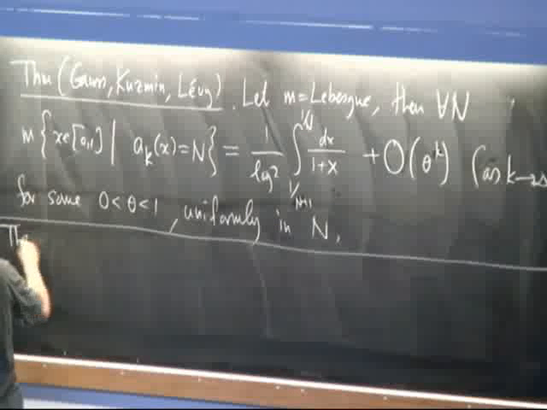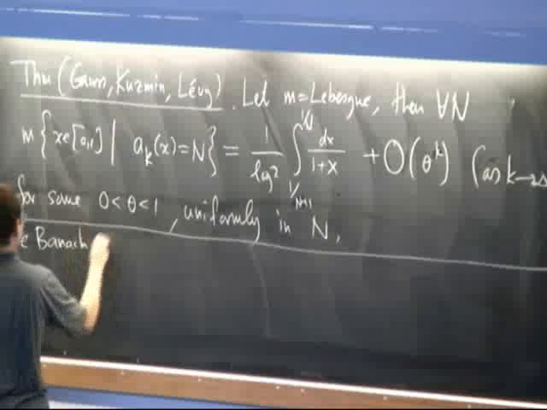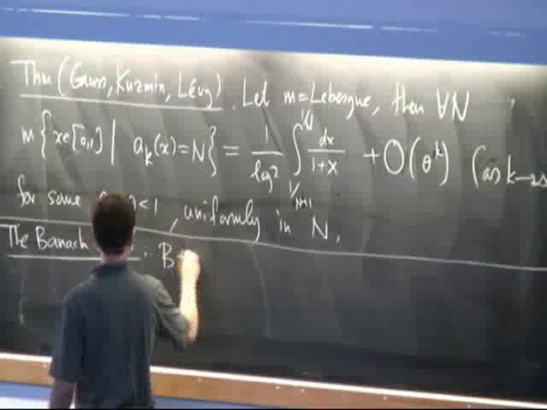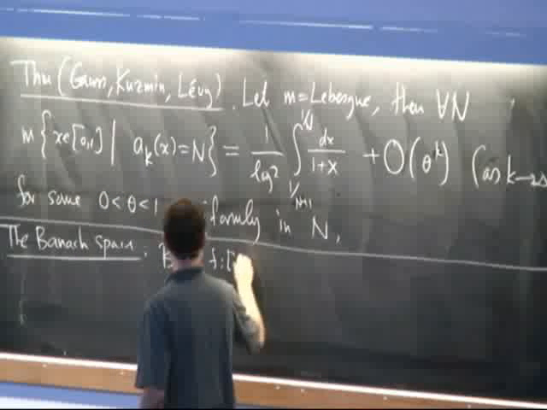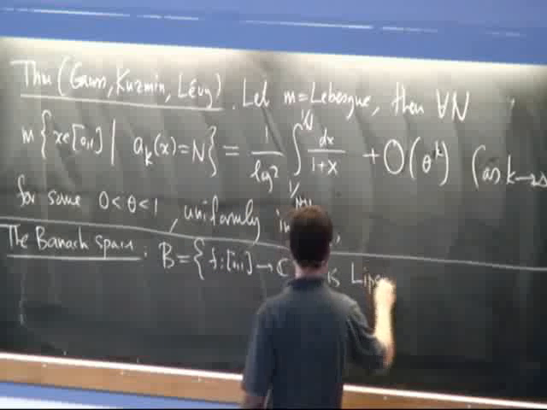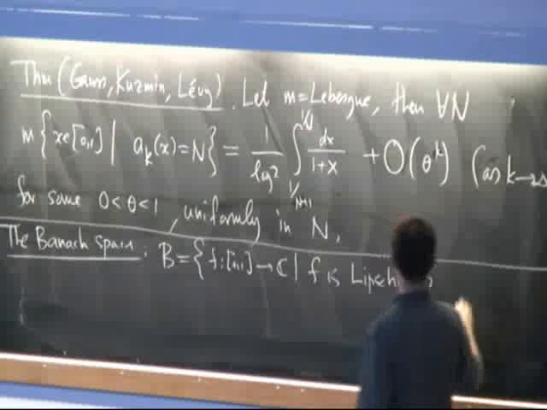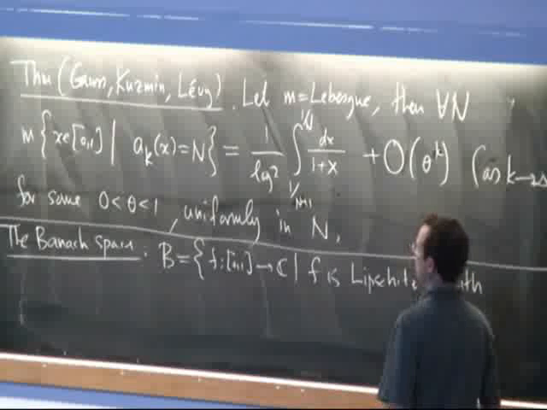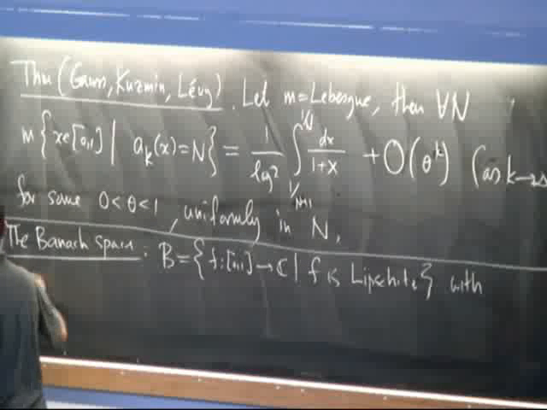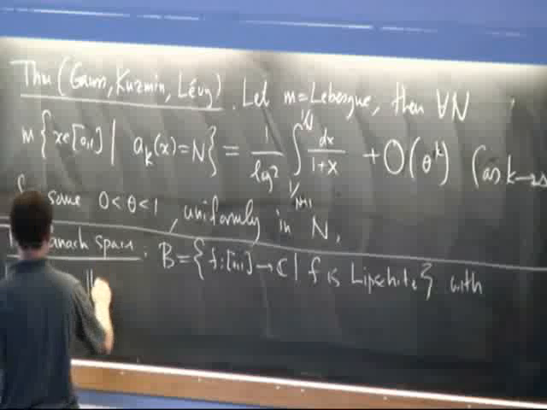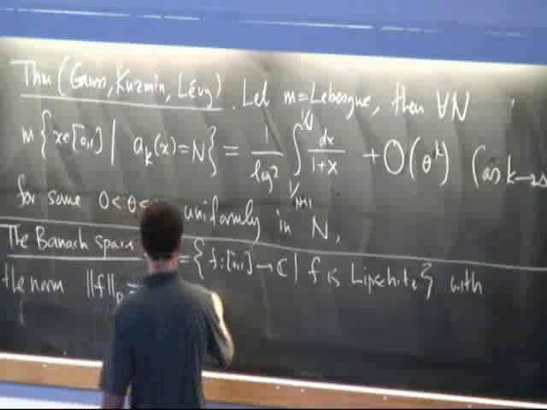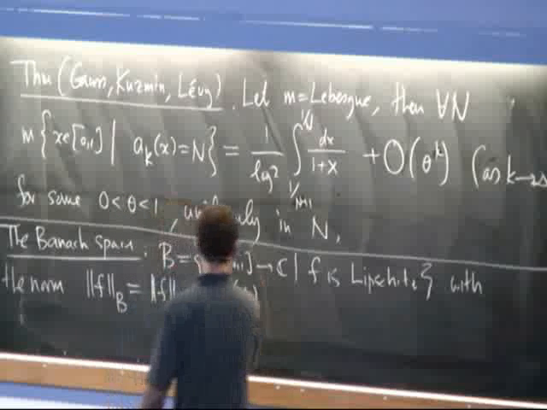So the Banach space is going to be f from 0, 1 to C, f is Lipschitz, with the norm L infinity norm plus the Lipschitz constant.